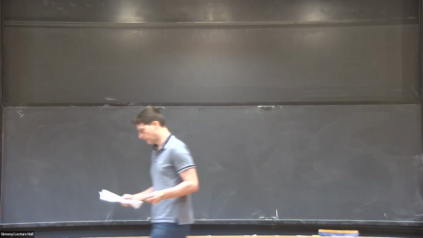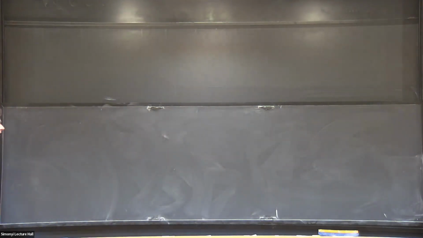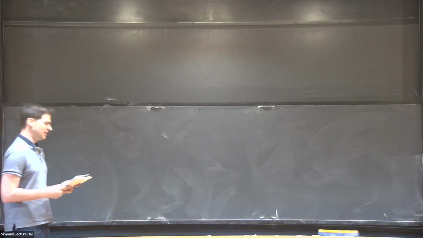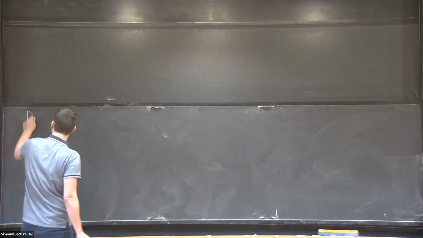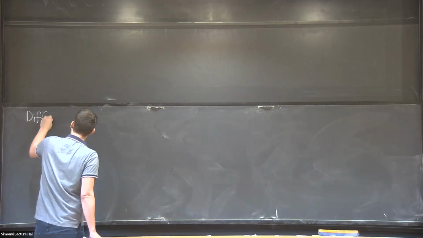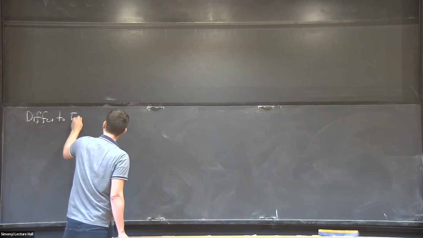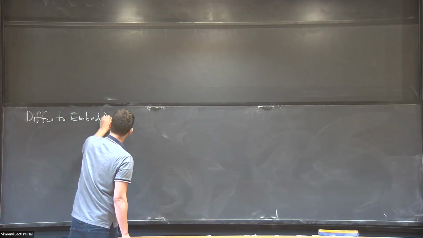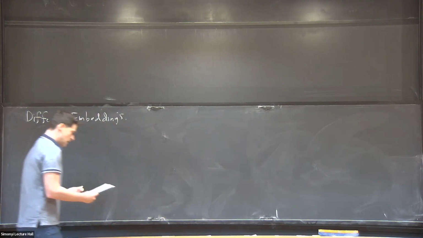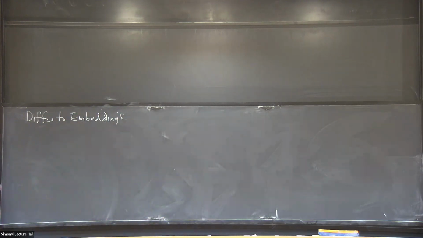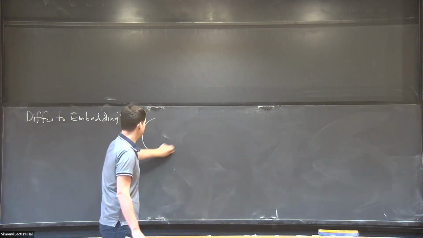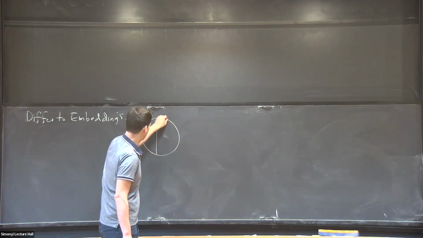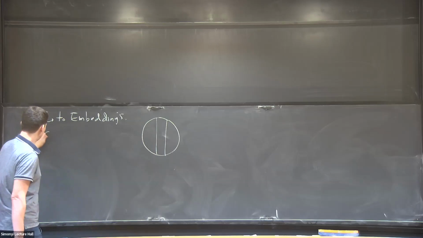Right. So the Smale conjecture is something about diffeomorphisms, and now we want to relate diffeomorphisms to embeddings. The question is, what is the relationship? Let's fix some Clifford torus inside of my RP3, and denote it by C for Clifford.